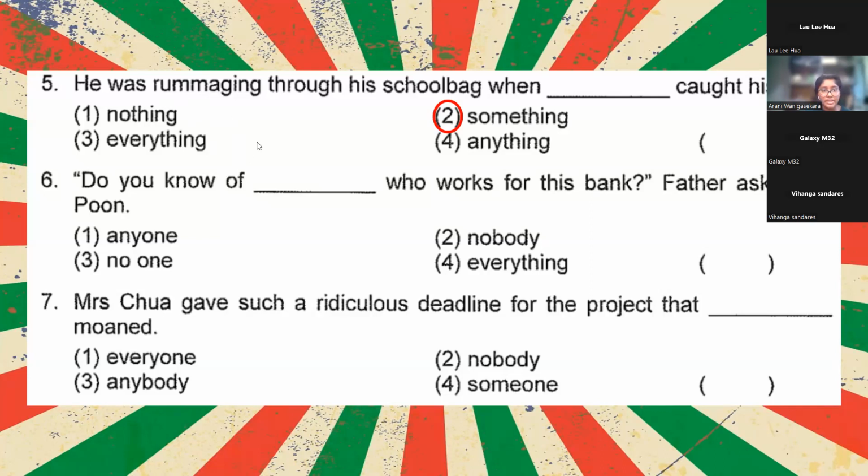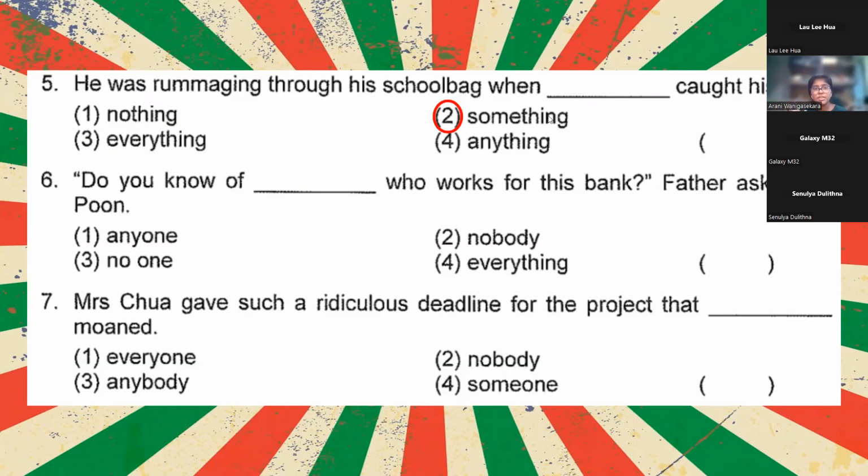Why is it not everything? Does anyone have any idea? Okay, so you can't use the word everything because something caught his eye, right?